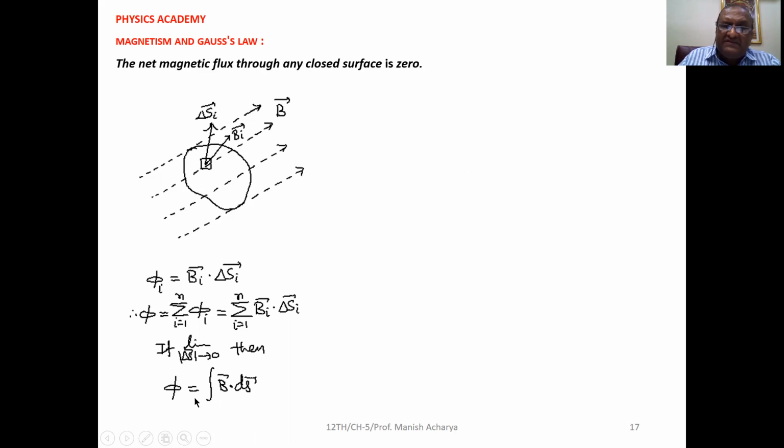So the flux passing through any surface can be calculated as the integral of B dot dS. Clear up to this?